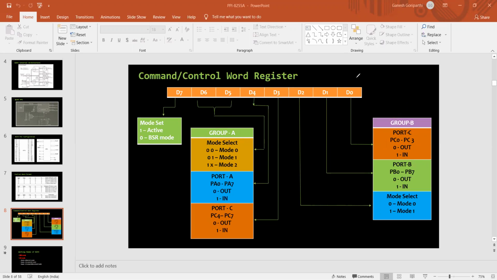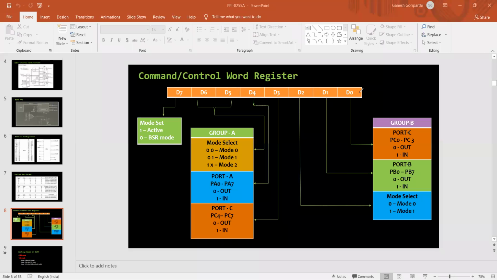The D0 bit controls port C in group B. When it is 1, it decides port C as an input port. When it is 0, it decides port C to act as the output port. Hope the point is clear.